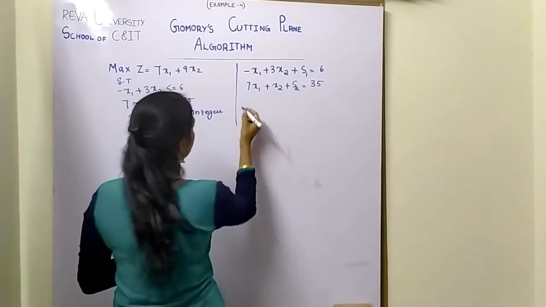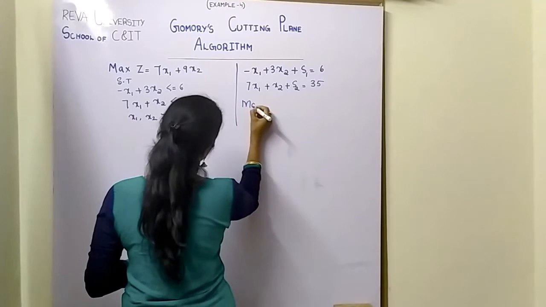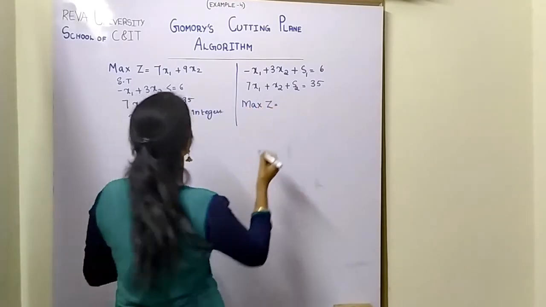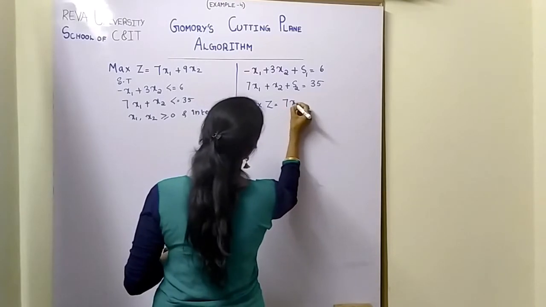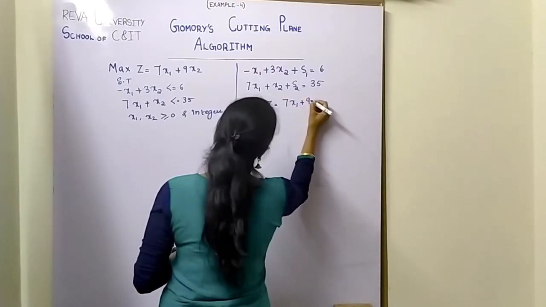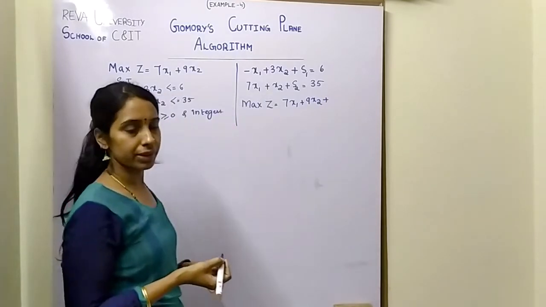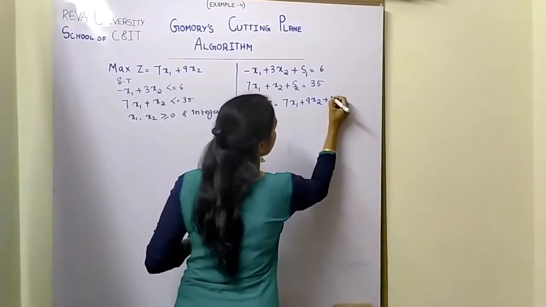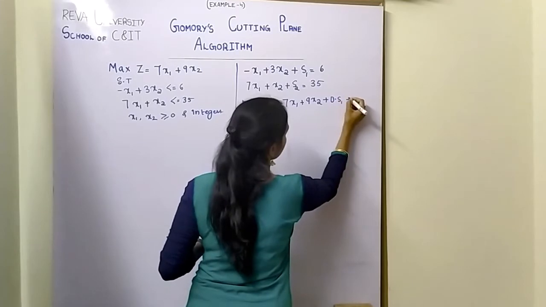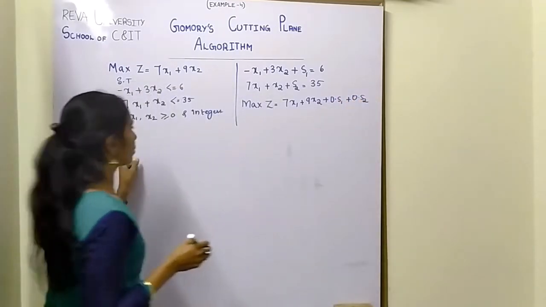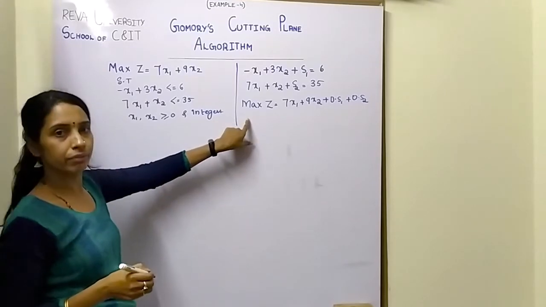Then we have to include this slack variable in our objective function. Max z is equal to 7x1 plus 9x2 plus the coefficient of the slack variables as 0, 0 into s1 plus 0 into s2. So these are our standard forms.